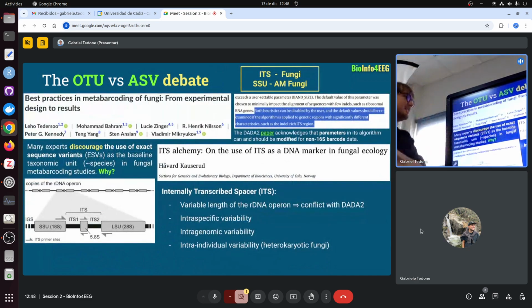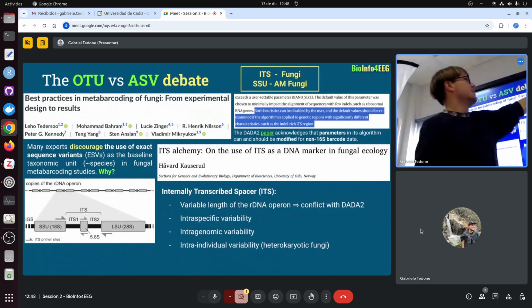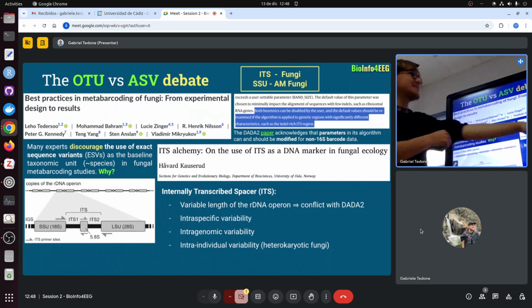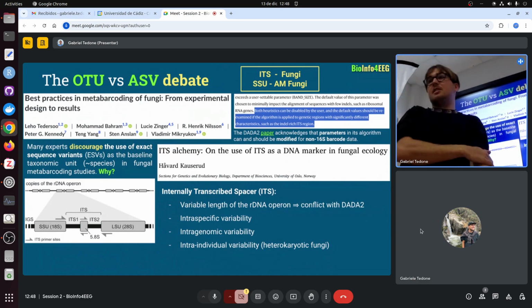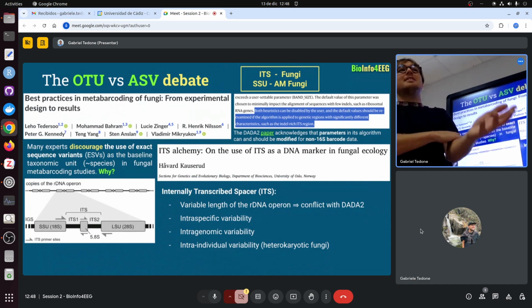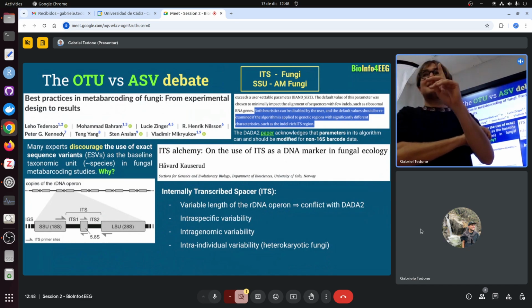For fungi, which is mainly done by sequencing ITS, many experts studying fungi and doing fungal metabarcoding reject ASVs or denoising. Careful, because it's not the same.